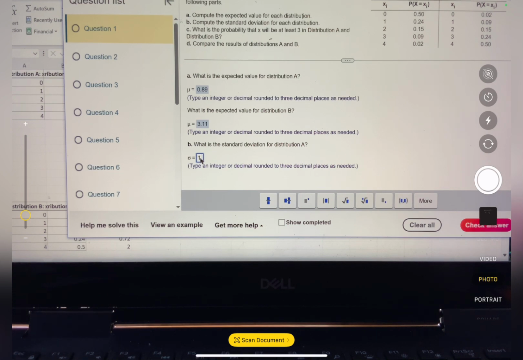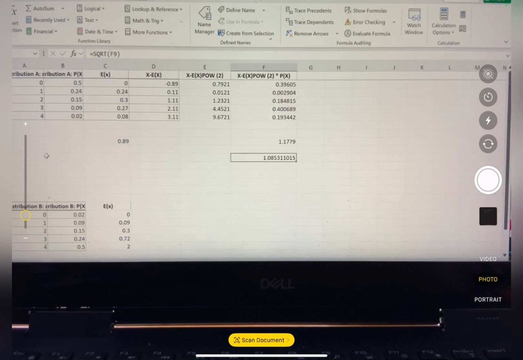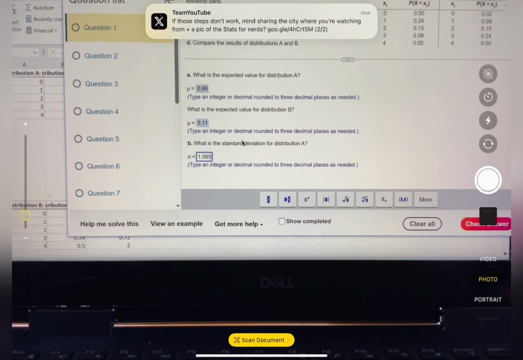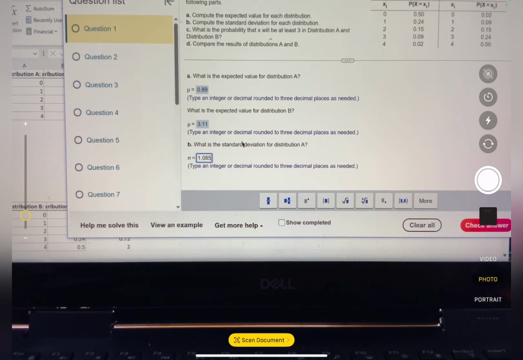How many decimals? 3 decimals. 1.085. Let me see if there is anything to round. 853, so nothing to round more. 1.085.